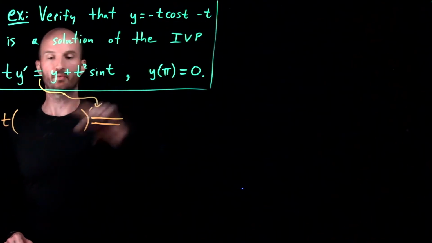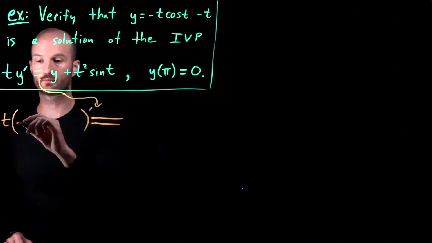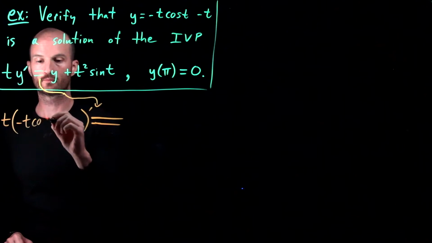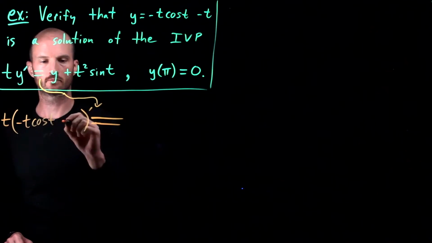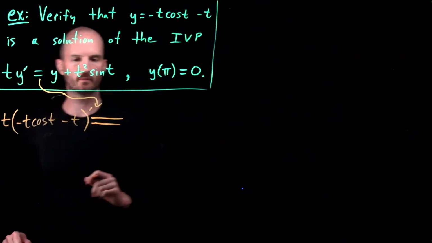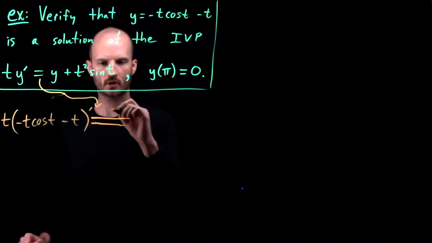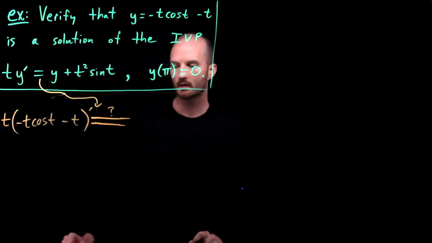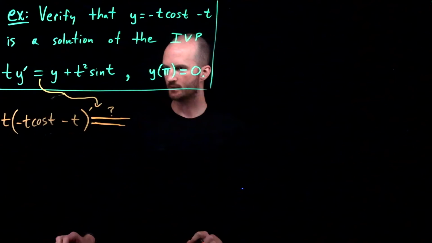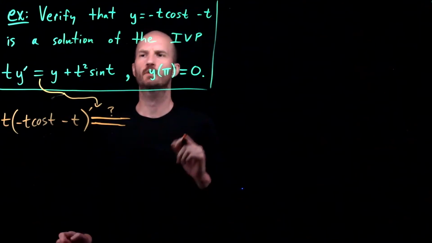Well, here's y. I'm going to put it in my bracket here. So does that equal, so I'm going to put a little question mark here, just to indicate that this is not yet determined. And I'm checking it.